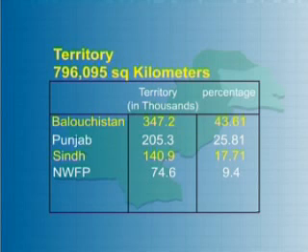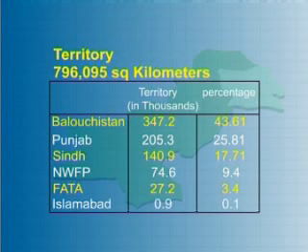The fourth province, Northwest Frontier, has the territory of 74.6 thousand, and this comes to 9.4% of Pakistan's total territory. FATA, or federally administered tribal areas, which are handled by the federal government, has the territory of 27.2 thousand square kilometers, and this comes to 3.4% of Pakistan's territory.